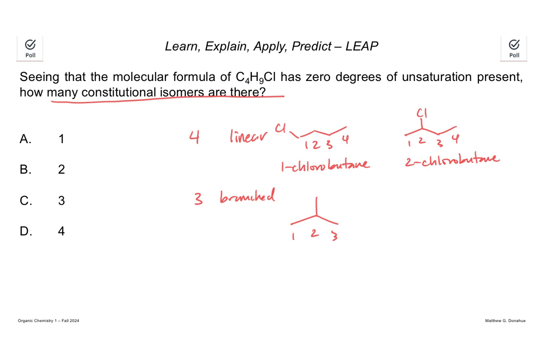And so now we have chlorine. We'll put it on carbon 1. So this would be called 1-chloro-2-methylpropane.